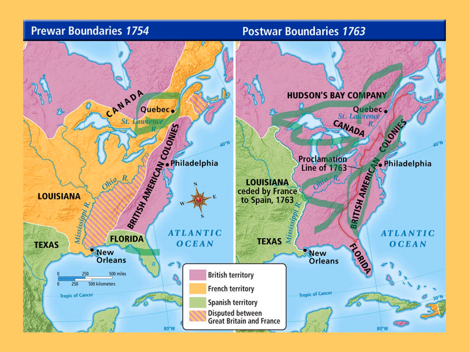Florida, which had been Spanish, is also turned over to the British because Spain came into the war in Europe on France's side. And so when France loses, Spain does too. They had to give up their colony of Florida to the British as a result.